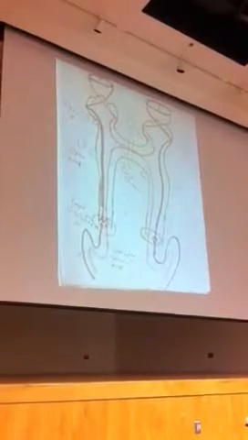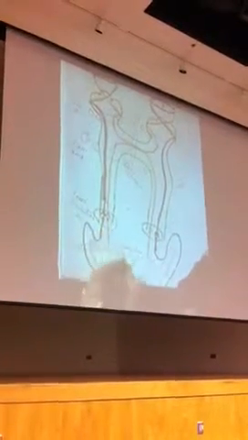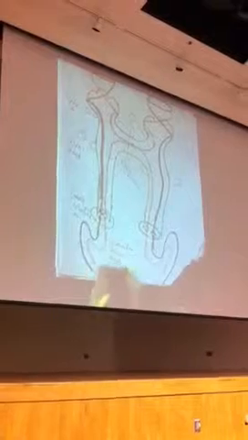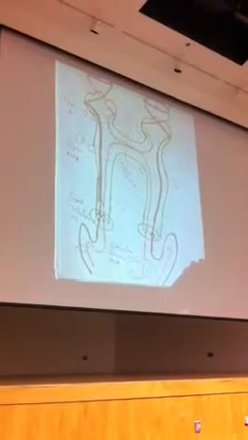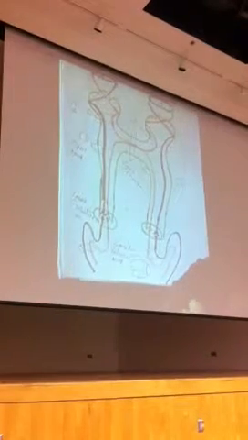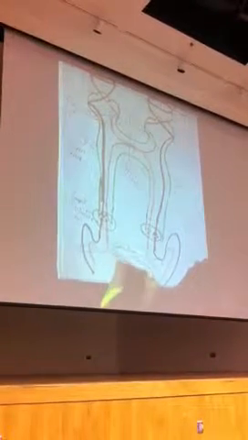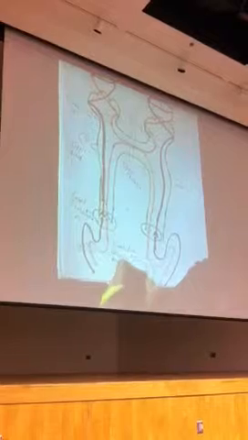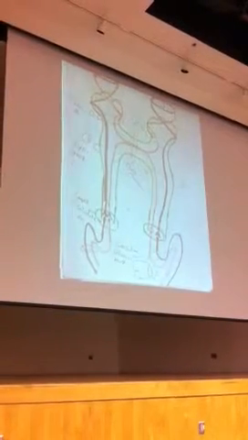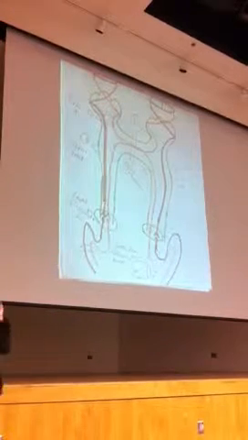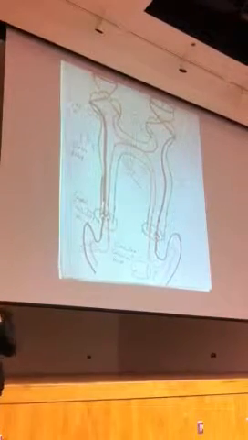Geniculocalcarine tract travels toward the brain. Which part of brain? Occipital lobe, which is the posterior part of brain. Area 17, 18, 19 is primary visual area. We call it primary visual area.